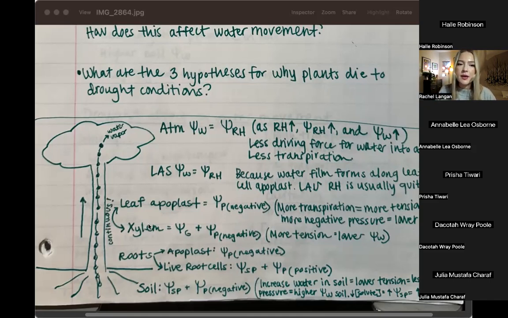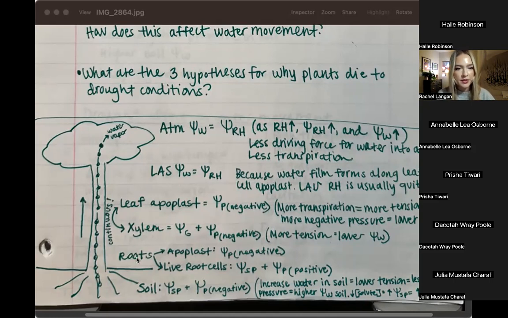So xylem is mostly determined by negative pressure and also gravity, but you can basically forget about gravity. It's irrelevant unless you're dealing with extremely tall plants, which we're just not on this exam. So it doesn't really matter. It's mostly just the negative pressure. So again, the more tension, the more transpiration that's happening, the lower the xylem water potential, the more pull.